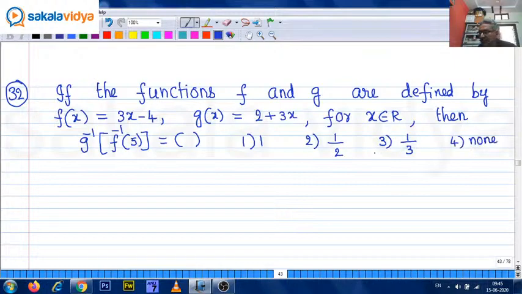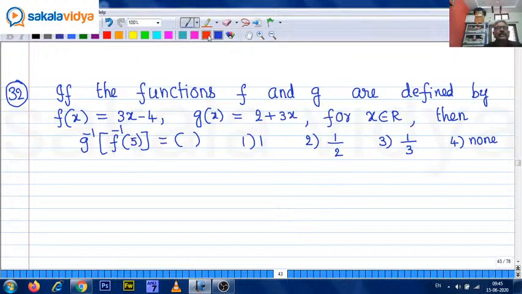This is the question. So that means first we need to find out both inverses, f inverse x as well as g inverse x. After that f inverse 5 we need to find out. After that g inverse of f inverse of 5 we need to find out.